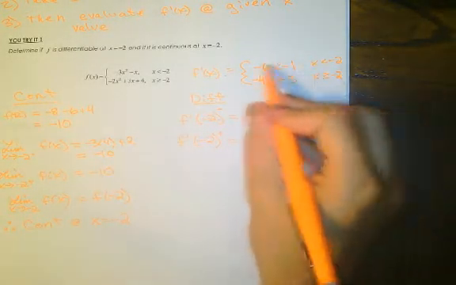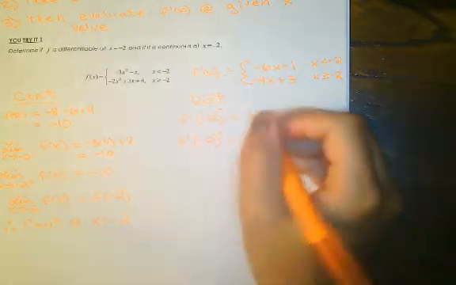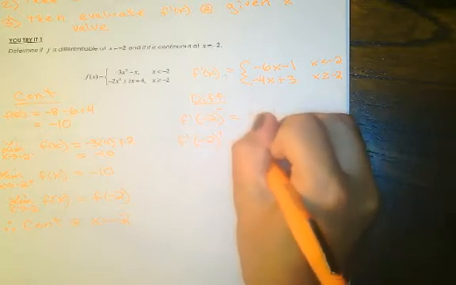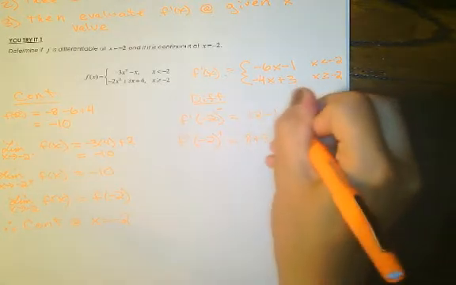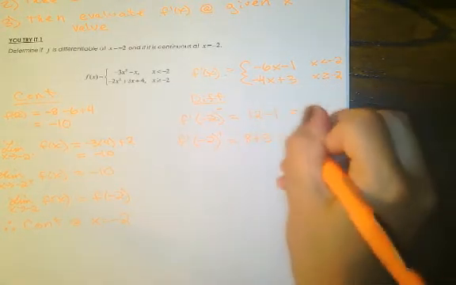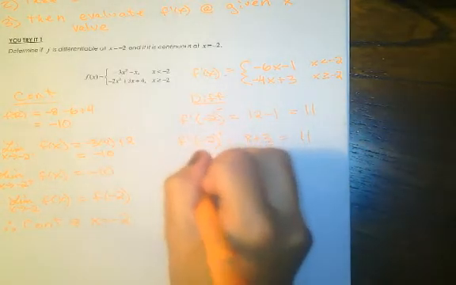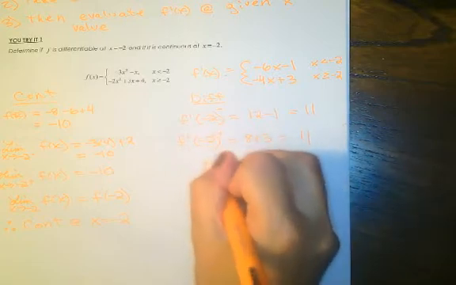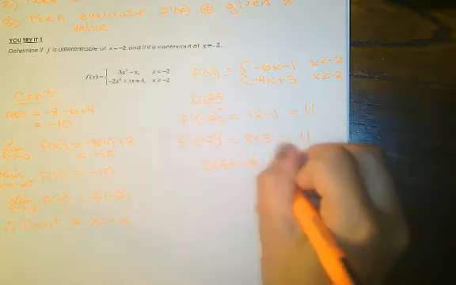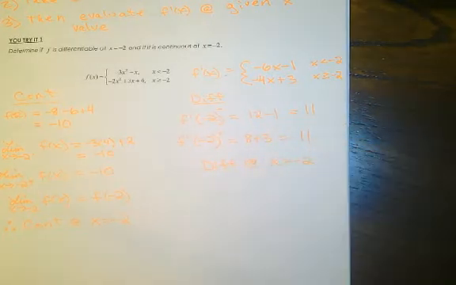Or you can do it right in here. If you wanted to recopy this, you could plug it in there, that's fine. So you'd get 8 plus 3, that's 11. Since those two are the same, we would say therefore differentiable at x equals -2.